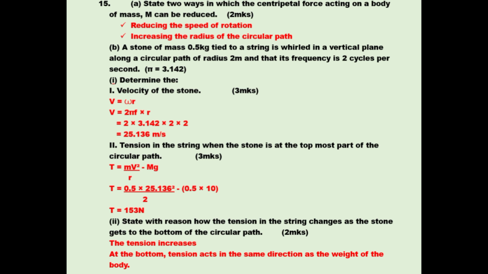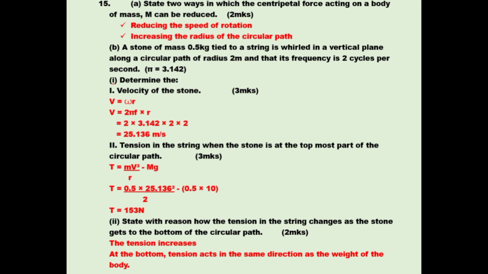Of course, you cannot reduce the mass, so you will vary the velocity or the speed of rotation. Because you want to reduce centripetal force, you reduce the speed of rotation, or the linear velocity. Alternatively, you increase the radius of the circular path.